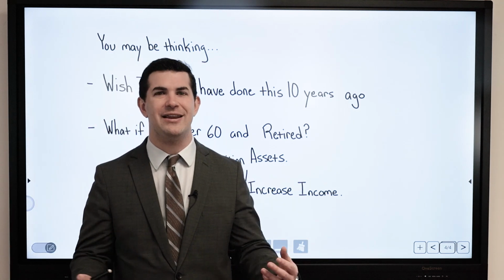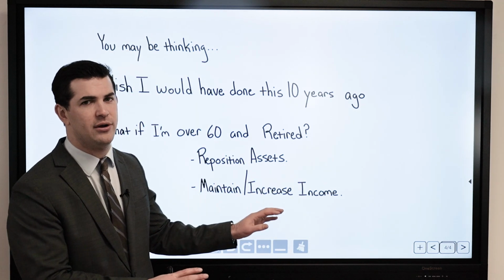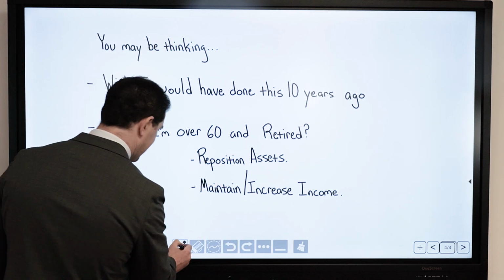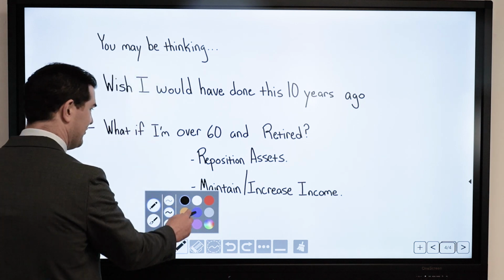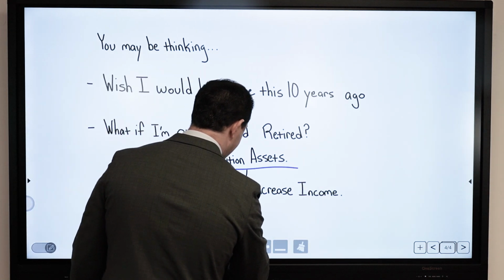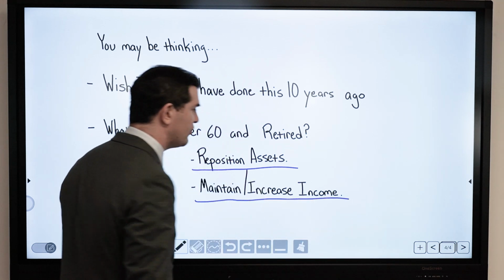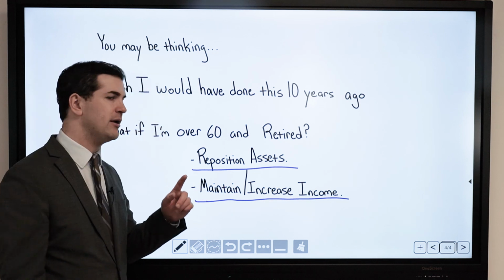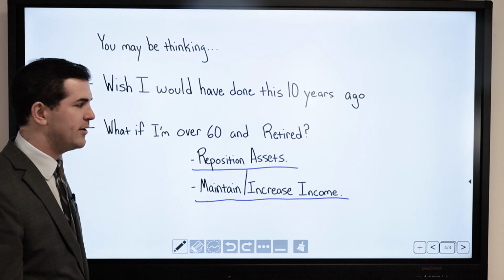We like to see it. This is all whiteboard too. You can go much deeper than this, but I'm going to try not to get into that now because I do that too much with the life insurance. So it's a repositioning of assets and then maintaining or increasing retirement income. We want to make sure that we can enjoy our retirement and not have to worry about things.